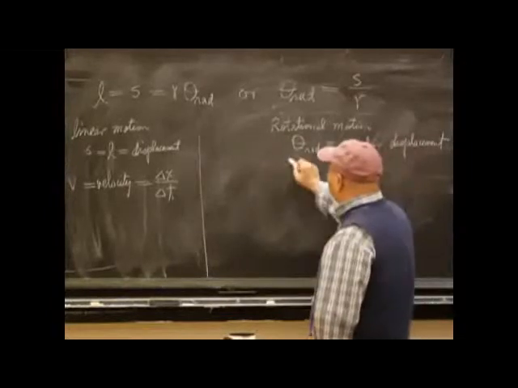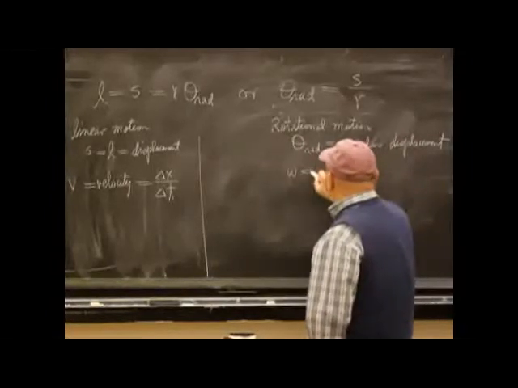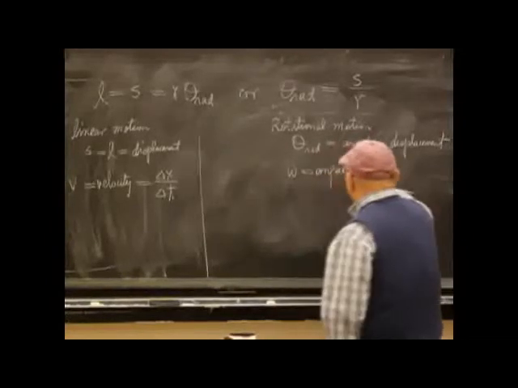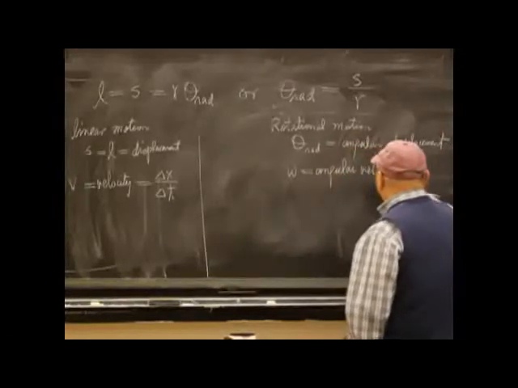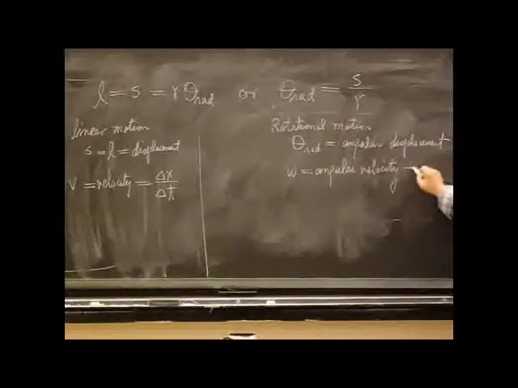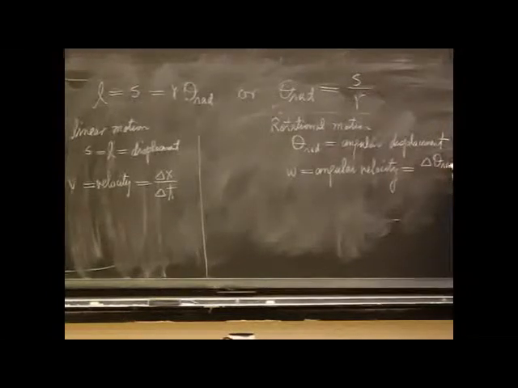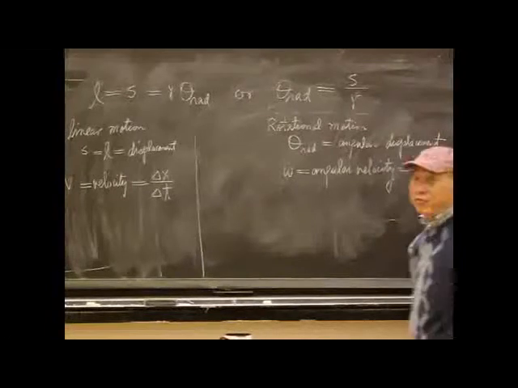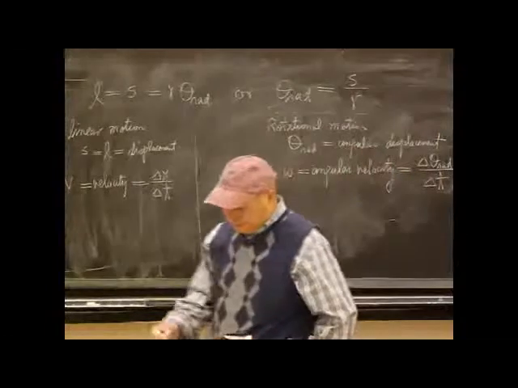Now what is angular velocity? It is omega. The angular velocity is equal to the time rate of change of angular displacement, so delta theta over delta t.